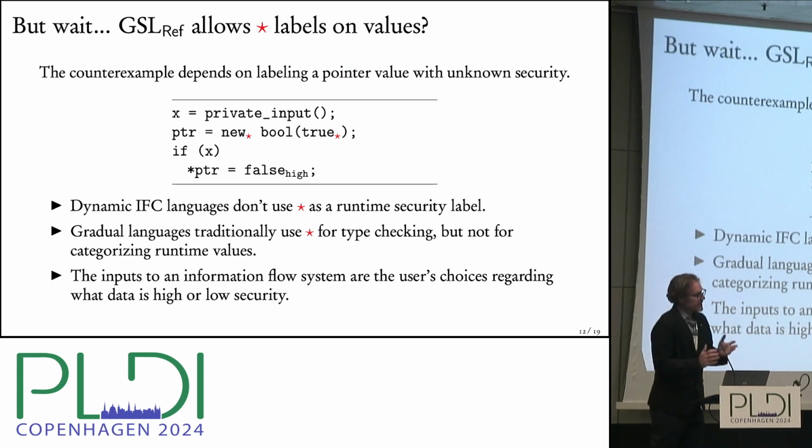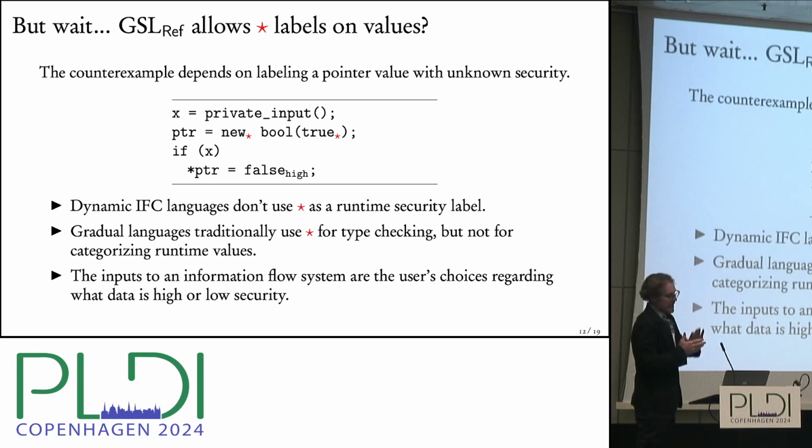But wait, let's look again at the dynamic, the less precise program here. GSLRef made the decision to allow the unknown security label as a label on values, which means that at runtime, you have values running around that have an unknown security label.